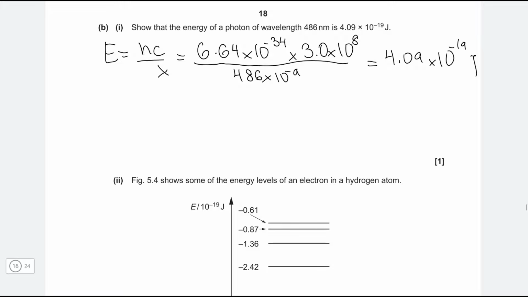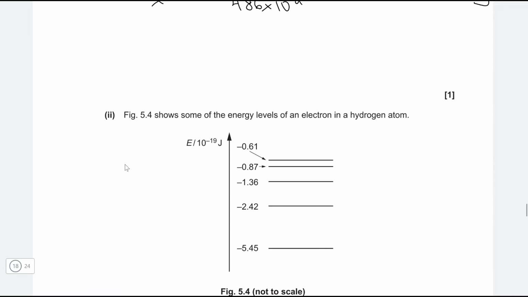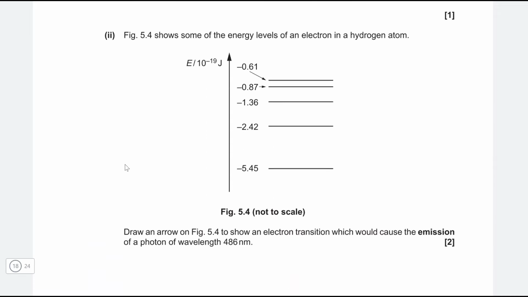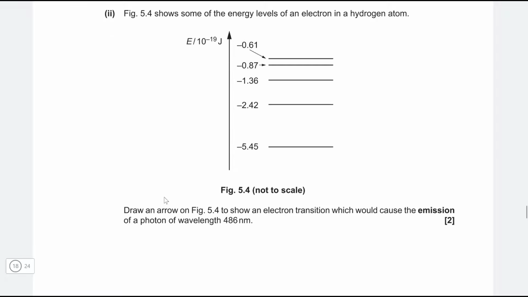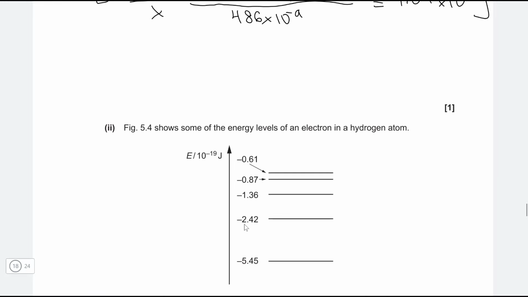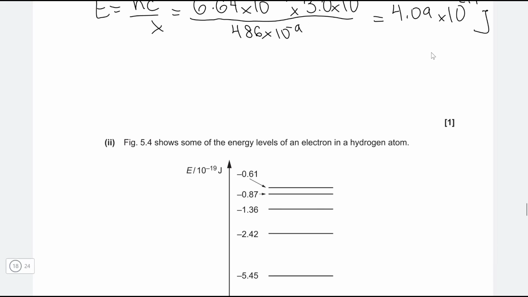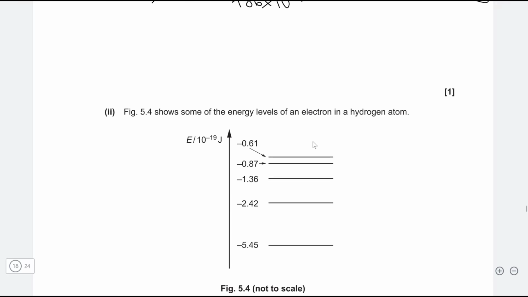minus 19 joules. Okay, next one, figure 5.4 shows some of the energy levels of an electron in a hydrogen atom. Draw an arrow to show an electron transition which would cause the emission of a photon of wavelength 486 nanometers. Okay, well, we know that we will need a difference of 4.09.